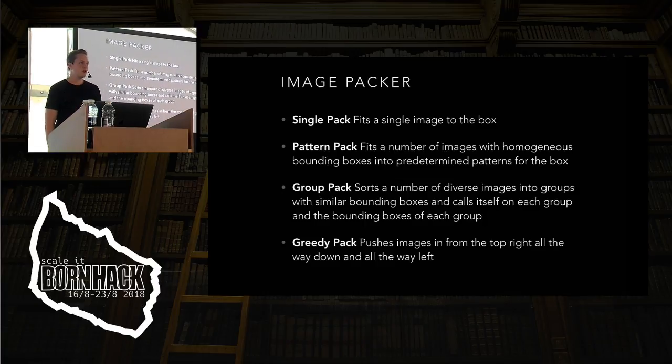So we're not using big data or machine learning or anything like that. It's just plain old simple heuristics, looking at what other people do and then trying to put that into an algorithm. And if you have a set of images with different aspect ratios, we group the images by those aspect ratios, and then we deploy the pattern pack on those groups that we ended up making.